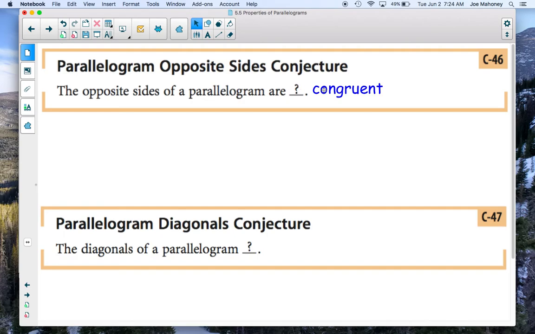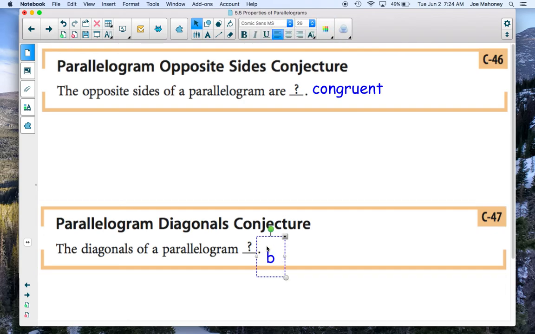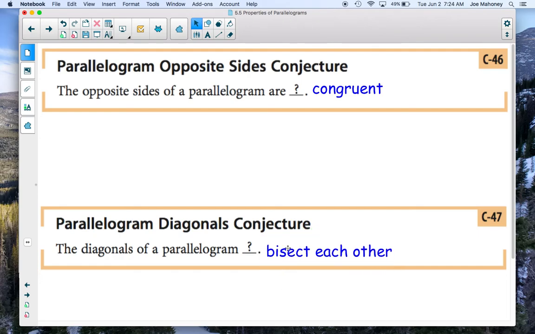So this says that they're also congruent to each other. And the last is that the diagonals of a parallelogram bisect each other. Remember that the word bisect means to cut in half. So the diagonals of a parallelogram cut each other in half. So those are our four main properties of our parallelogram. Those are good ones to know.